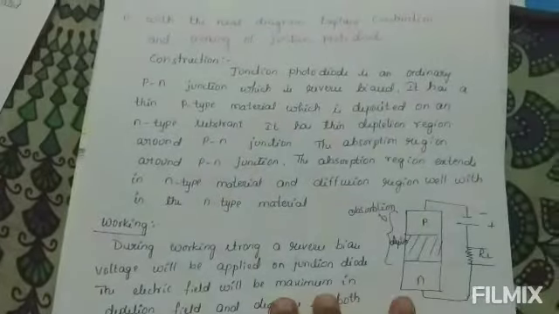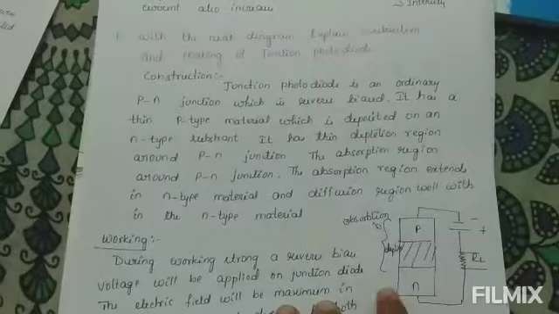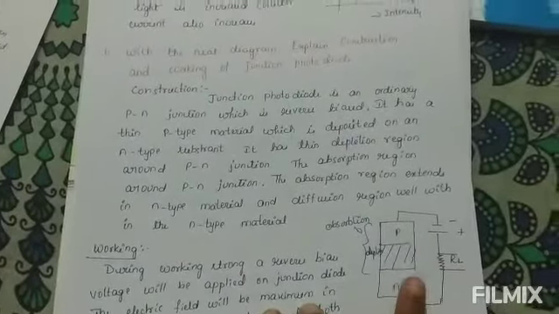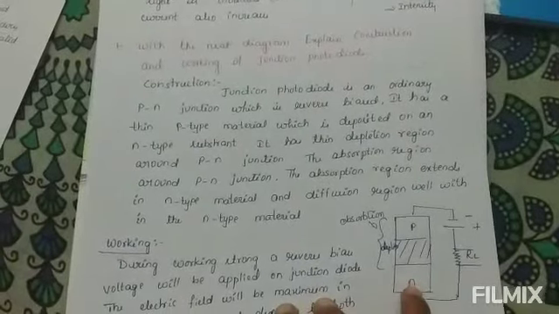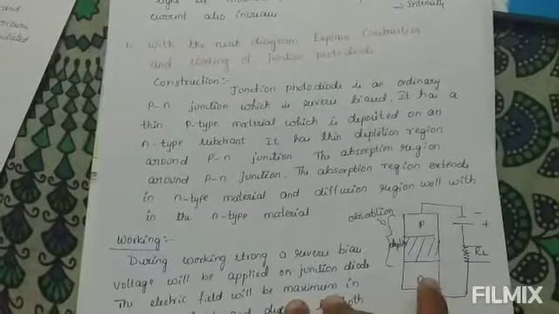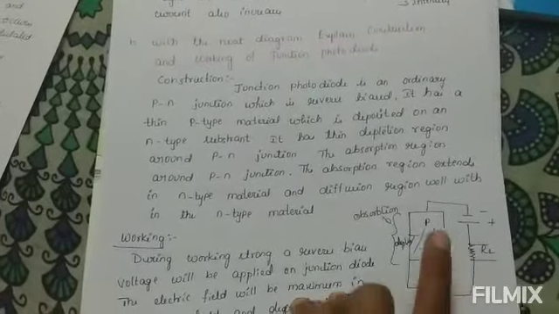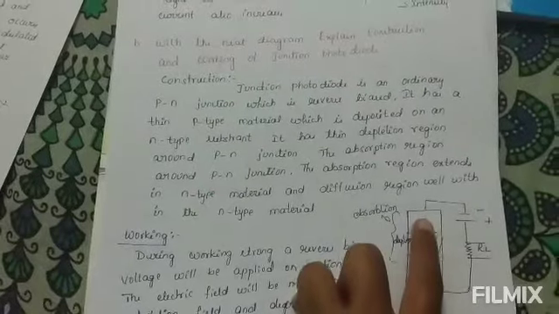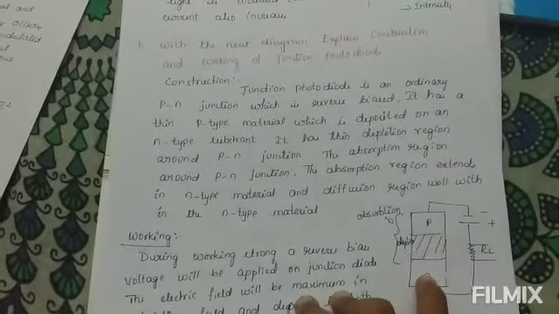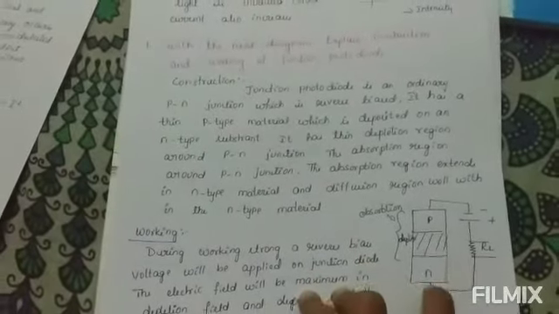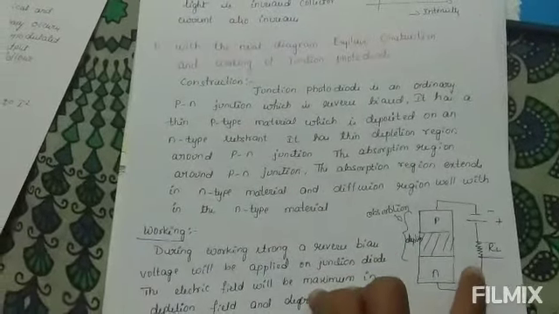Junction photodiode is the basic photodiode consisting of a P and N junction. This will be the diagram of a PN junction diode or junction photodiode. The P consists of P type semiconductor and the N type semiconductor is laid and doped at the center, and connected to the battery and to the resistor.